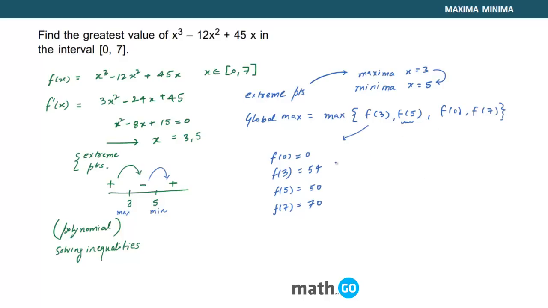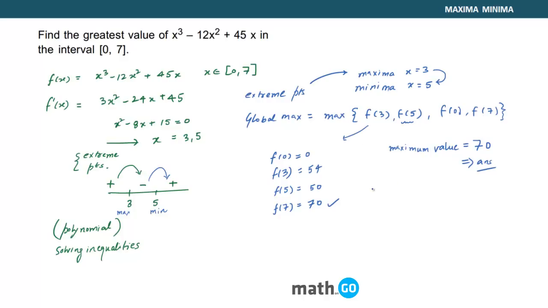Can you tell me what the global maximum value is? Notice the global maximum value is obtained at f(7). So the maximum value in this particular range or domain is 70. This is your answer, and it is obtained at a boundary point, x equal to 7.